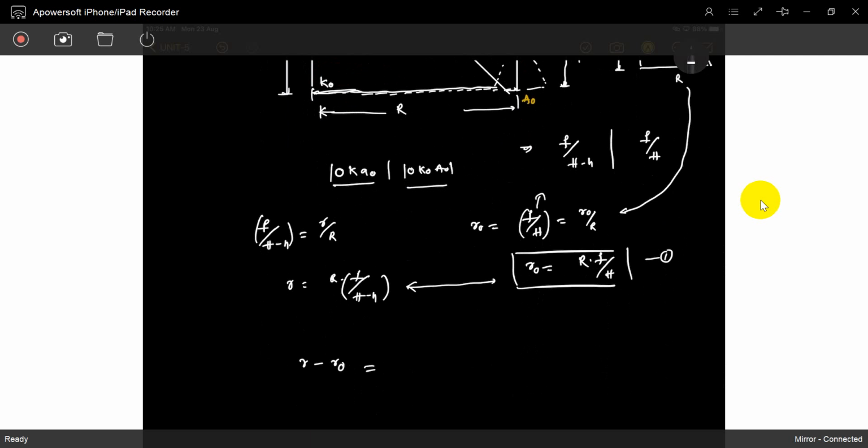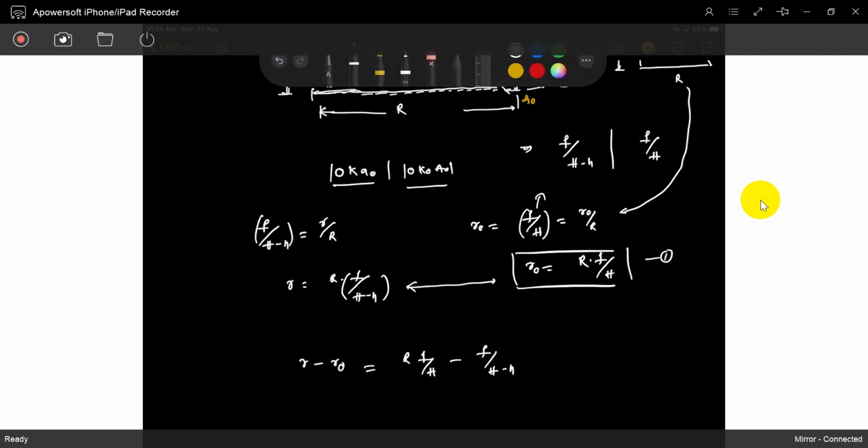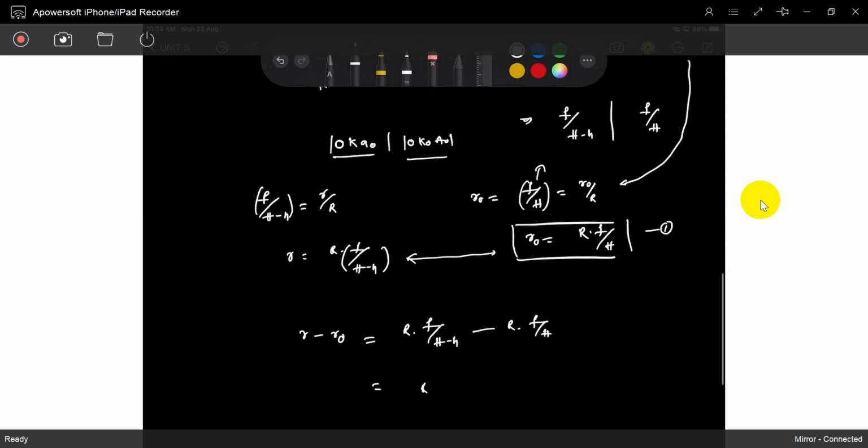So can you calculate? r is f by h minus c... sorry, I read it opposite. r is f by h minus h minus r f by h. So you can write it as r h minus h.